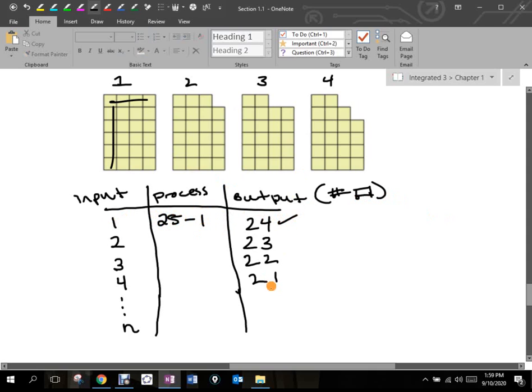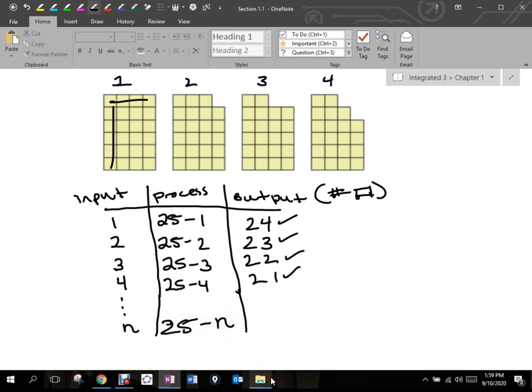And that gives me my 24. And then 25 minus my input there, that gives us 23, right? Okay. 25 minus 3, give me that. 25 minus 4 gives me my 21. So the thing that's changing, like you said, was your input. So it'd be 25 minus n.